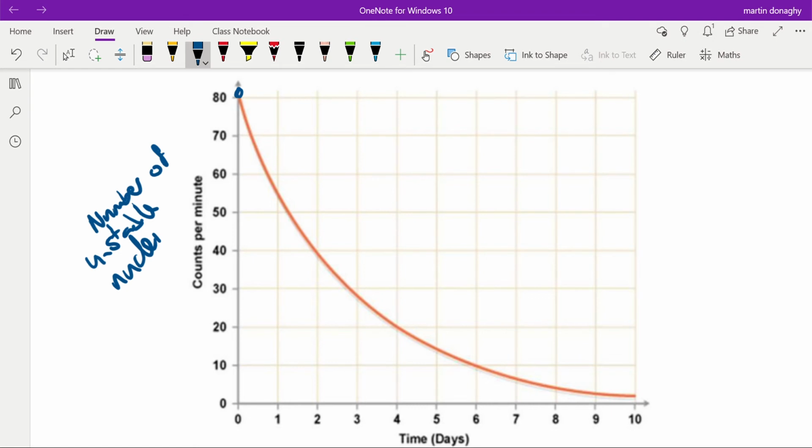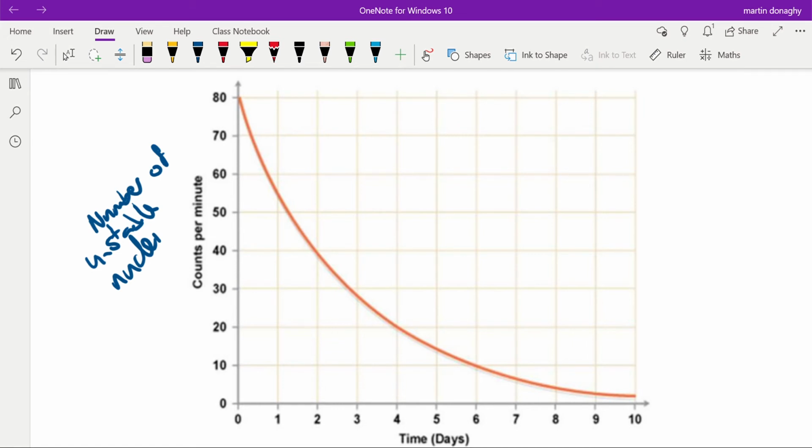But it decreases most sharply at first because if we have more unstable nuclei, it's likely that more of them will decay in the first section, rather than down here when we're left with very few. It's unlikely that one or two will decay in the next time period. So we get this shape of a curve.